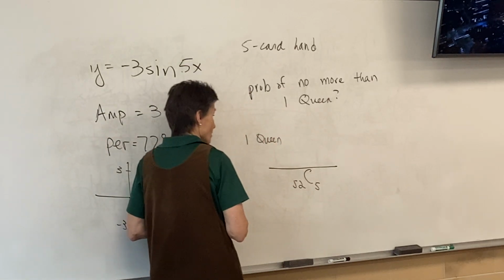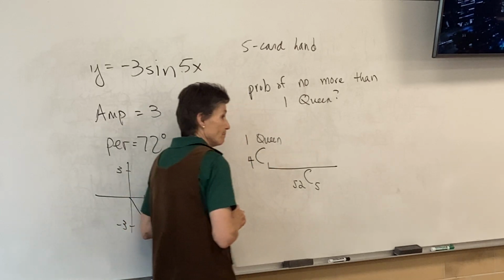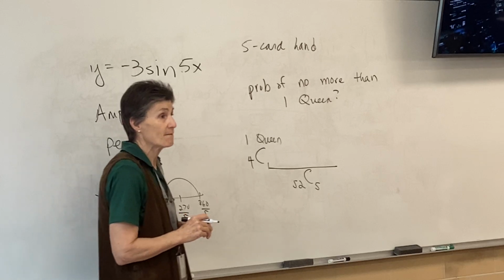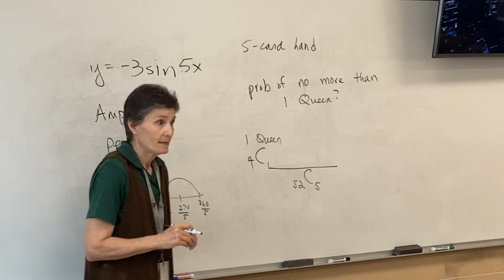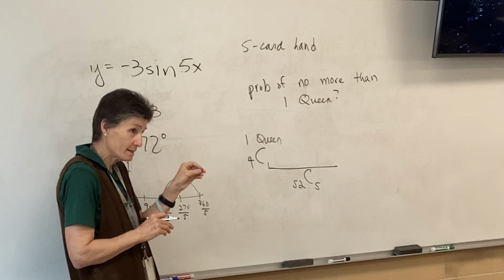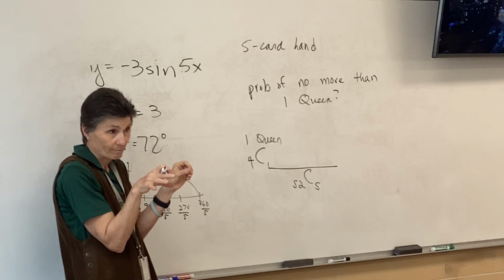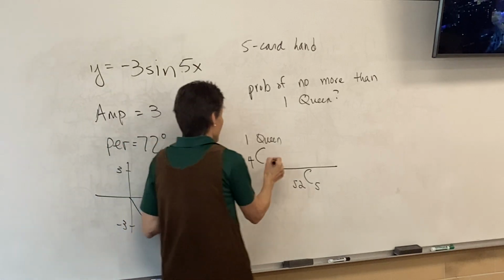Well, how many queens are in the deck? 4, and I'm going to pick 1 of them. But remember, it's a 5-card hand. So if 1 of them is a queen, what are the other 4? 48C4. Not queens. 48C4.